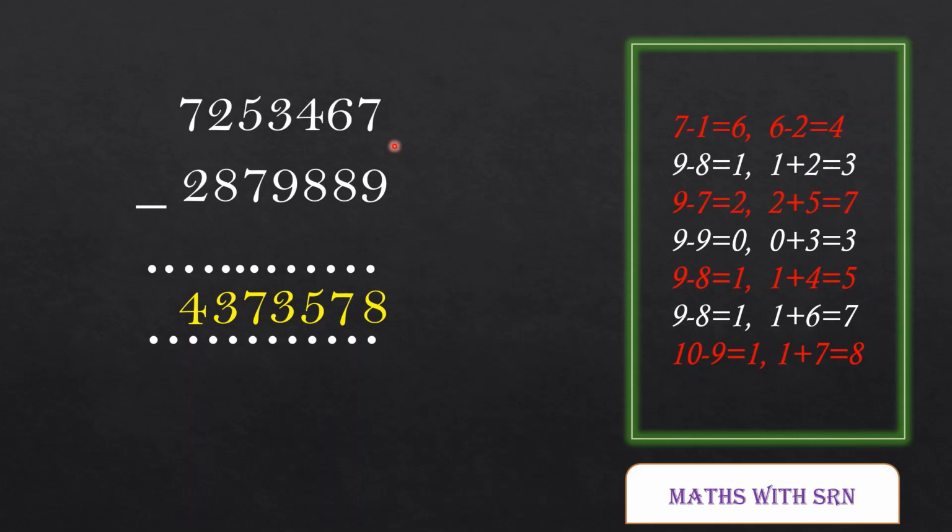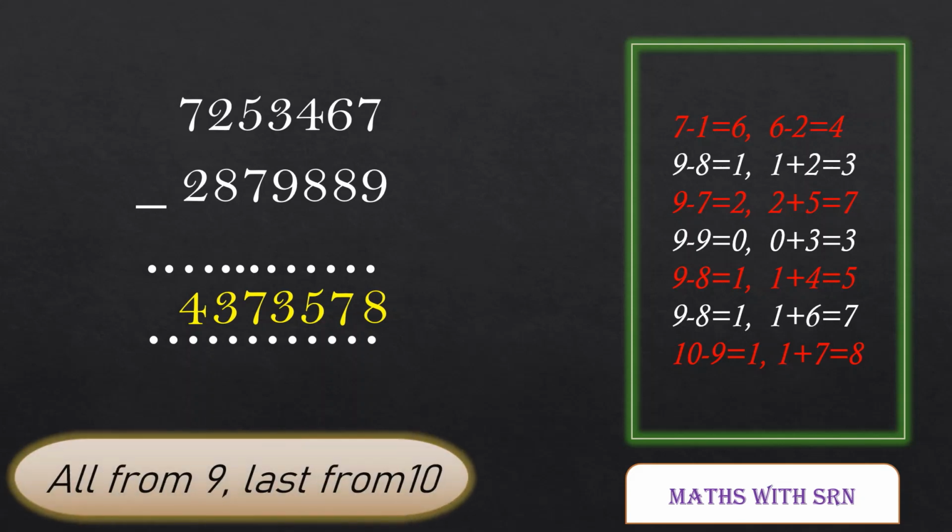This is one case, where the digits being subtracted are less than 10. If you subtract these digits from 9 and add the corresponding digit, what if the result is a 2-digit number?